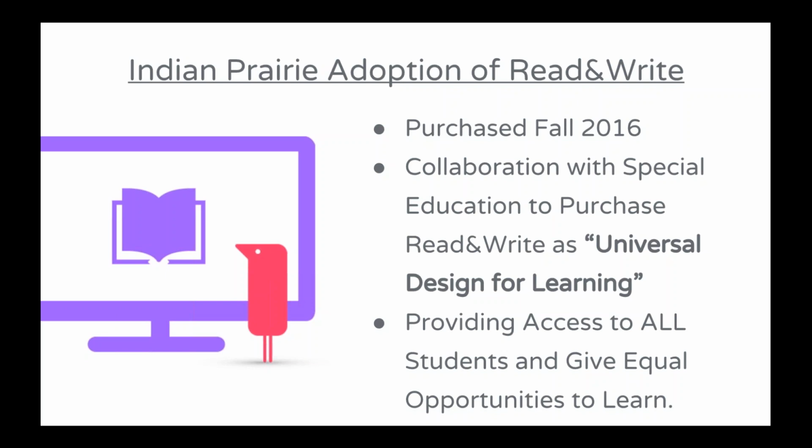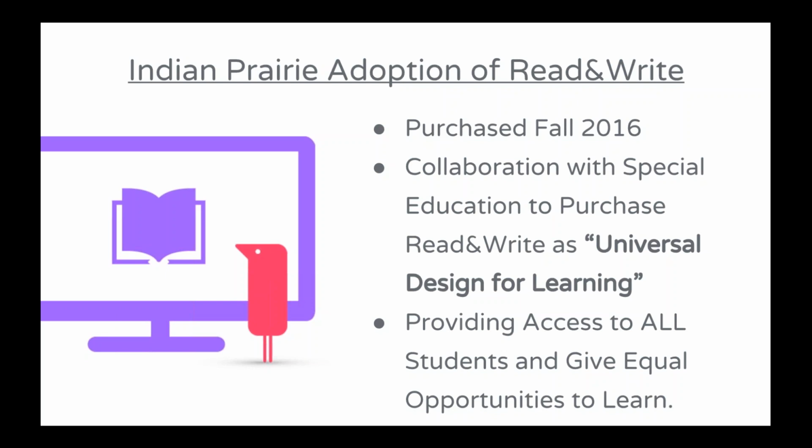So when we first started this conversation, it was that we were only going to provide access to Read and Write for only the students that we identified as needing some additional help or support with reading or writing or accessibility. Students with IEPs or that were identified, right?